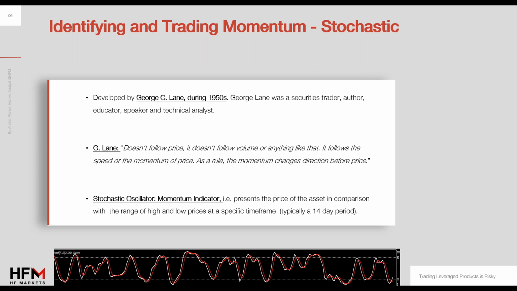The oversold territory is below 20, and the overbought one is above 80, not 70. So a bit different in regards to where the overbought and oversold territories are. It was developed by Mr. Lane back in the 1950s, and it is a momentum indicator again.